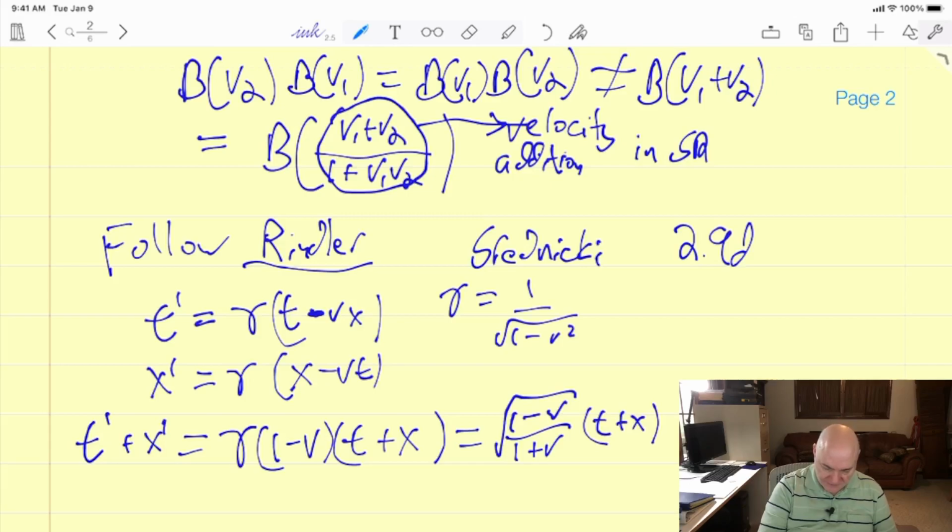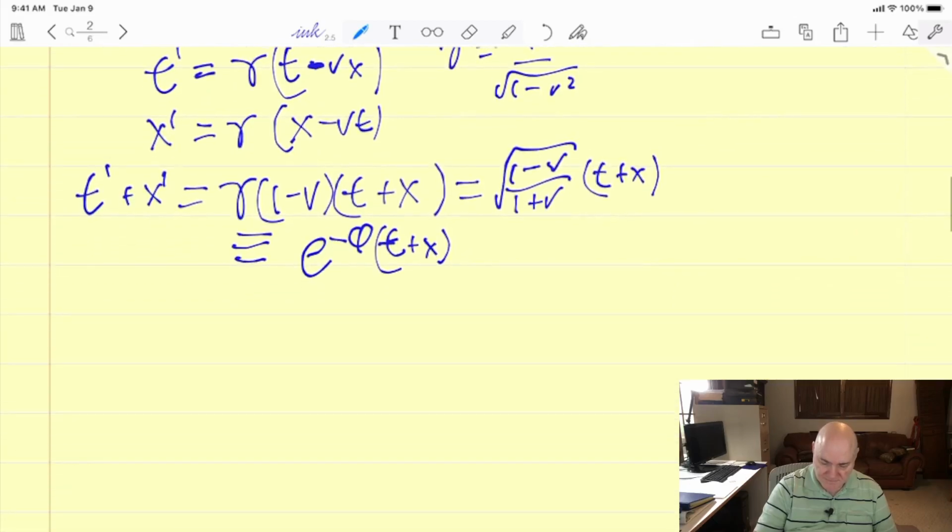And we're going to define this as e to the minus phi times t plus x. So e to the phi is defined to be the square root of 1 plus v over 1 minus v.